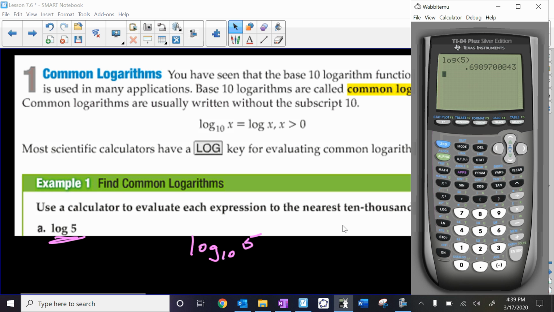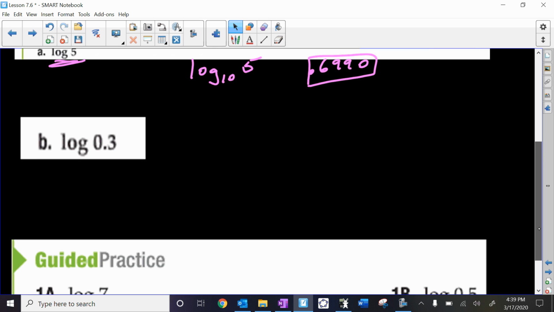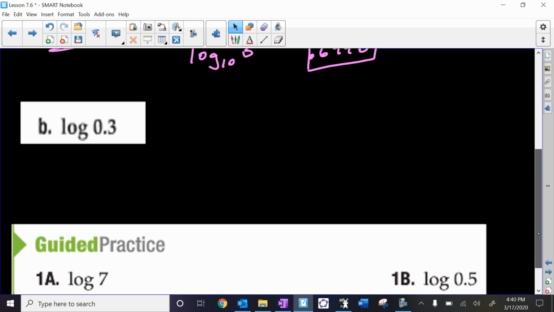Since they say 10,000th place, you're going to need to round it to 4 decimal places. So it's going to come out to 0.6990 would be the answer that they're looking for. That's all they want, is for you to understand how to plug that into your calculator. There's a whole bunch more in your book that you can do if you'd like, but that's all they're after.